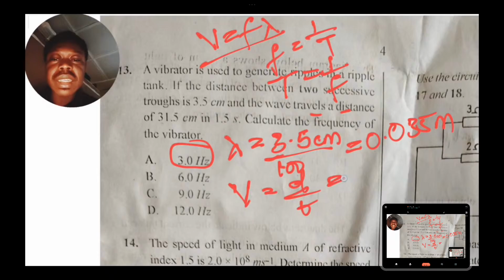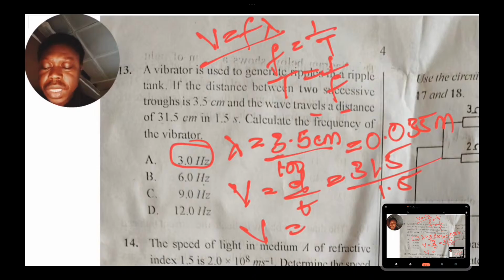Our distance is 31.5 cm divided by 1.5. If you use your calculator, V will equal 21 cm per second.